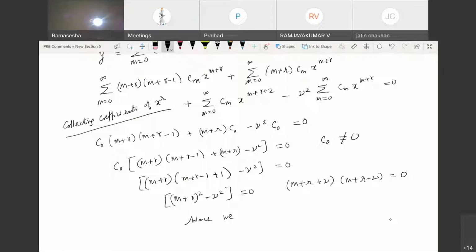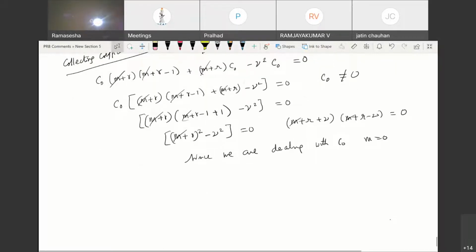So okay, so M. So what we have is R are the two values.